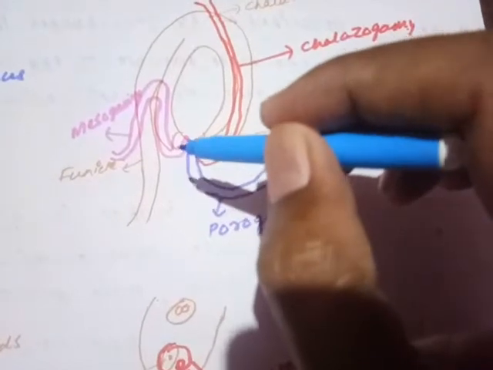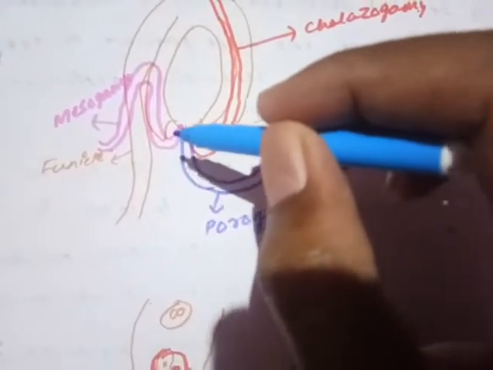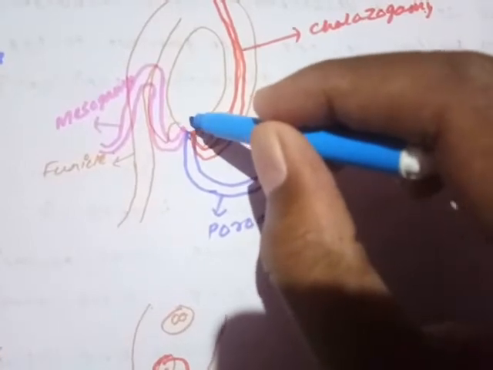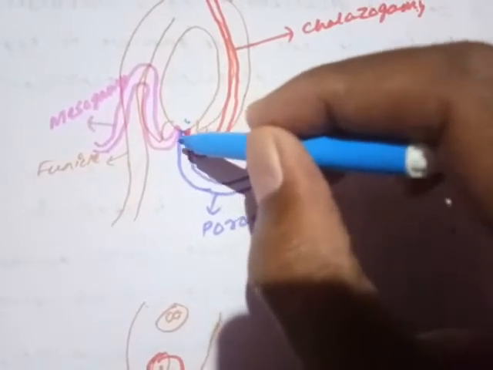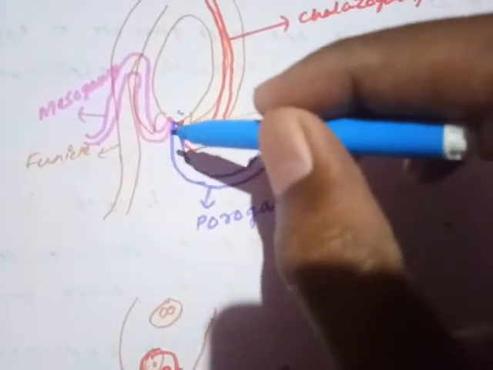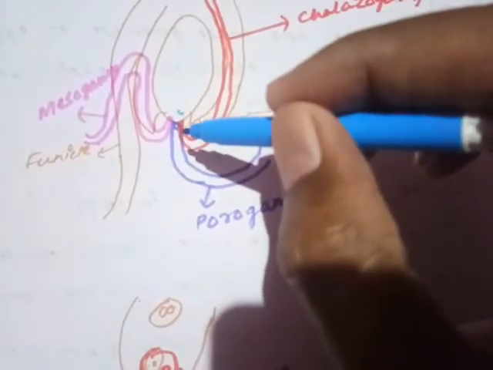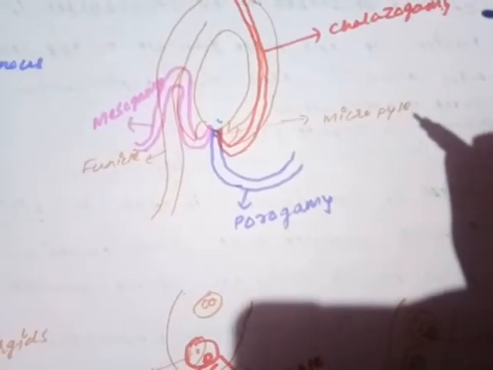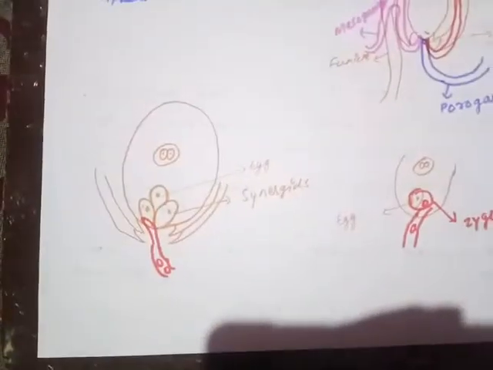But in each and every case you can observe that, even in mesogamy and chalazogamy, it enters the embryo sac through the micropyle, and porogamy itself enters from the micropylar end. What happens in the fertilization event?